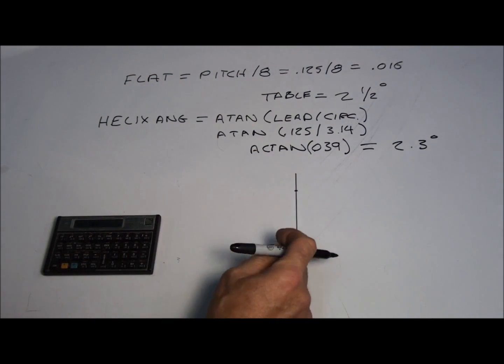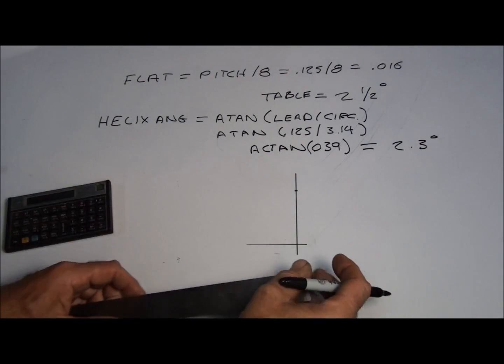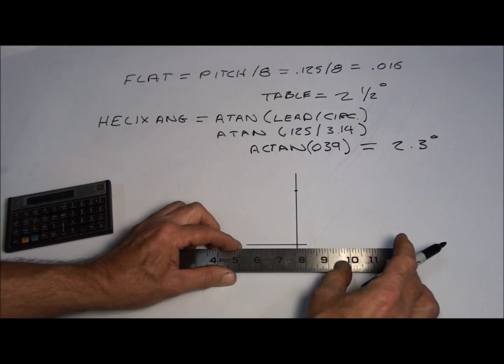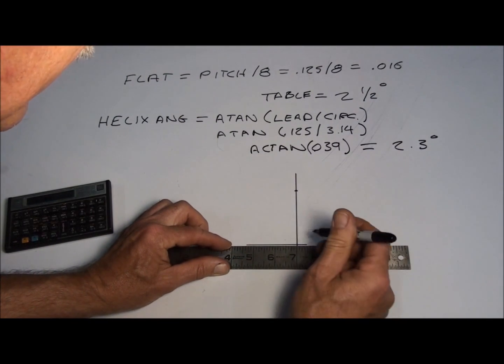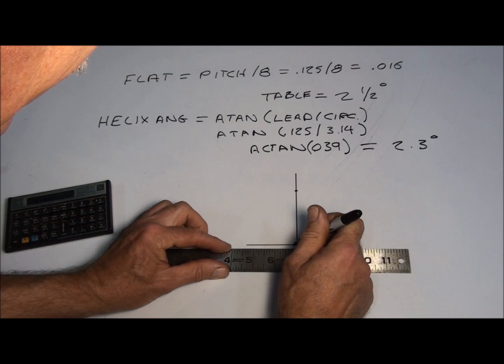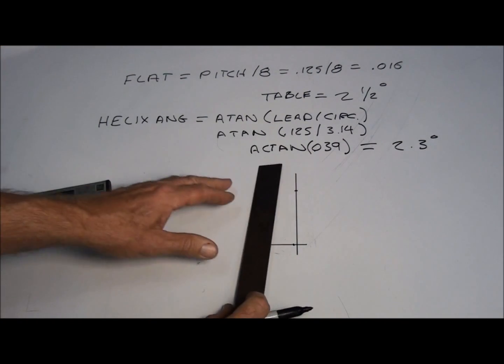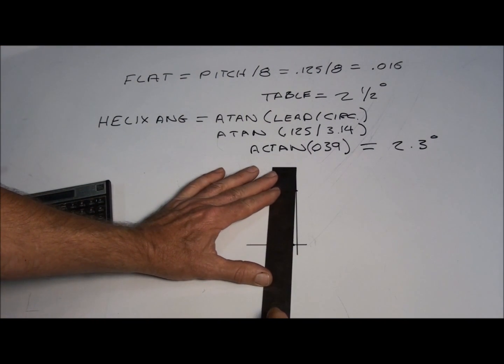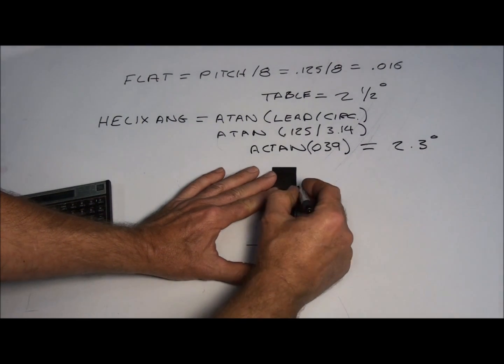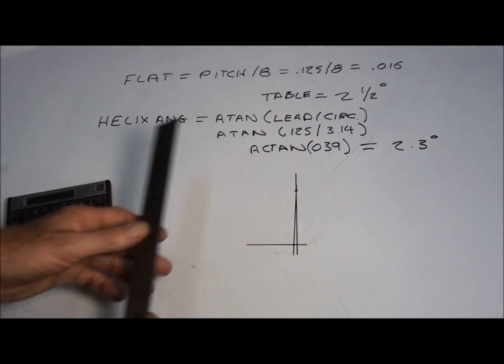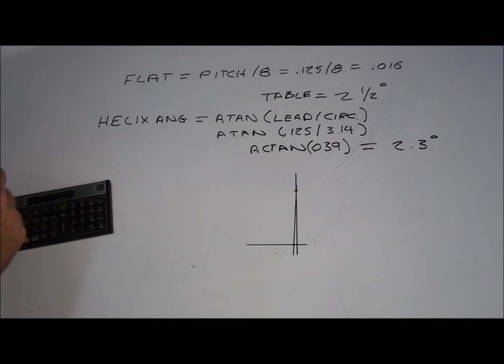And this horizontal line will mark the lead of the thread. The lead of our thread is 0.125 inches, 1/8 inch. So let's put a mark, 1/8 inch over there. Now we just connect the dots. That's the lead of our thread.